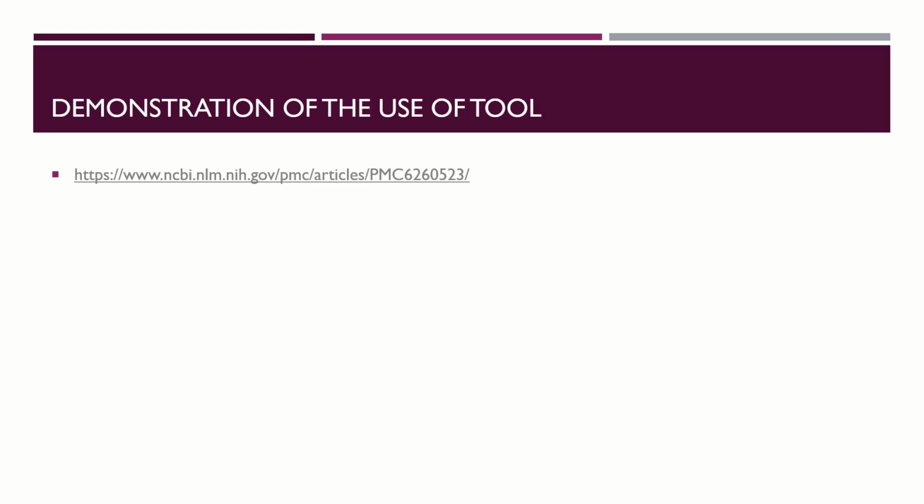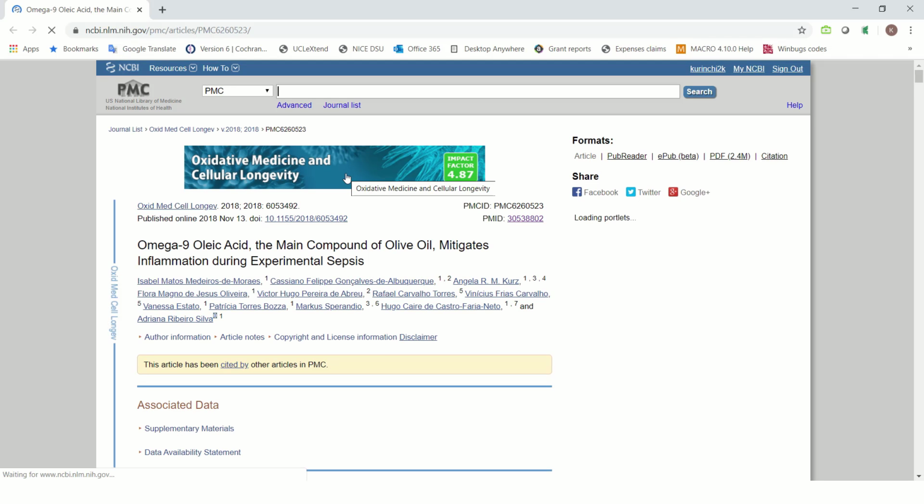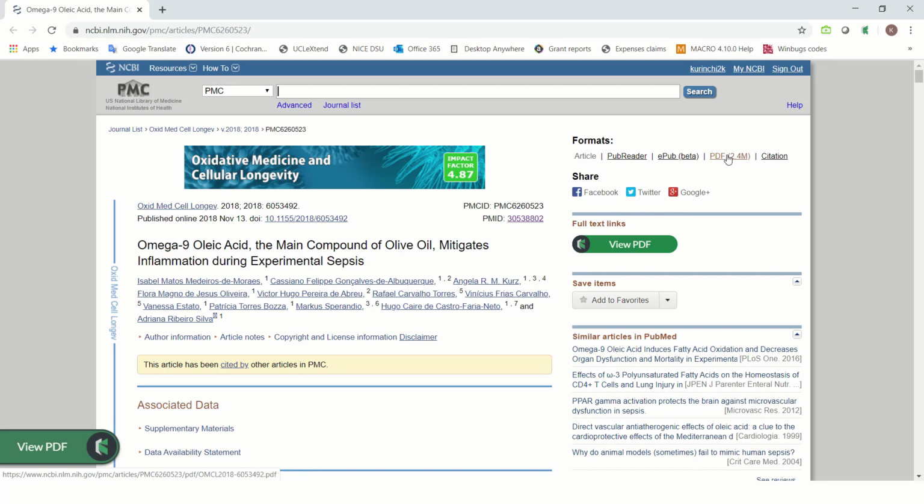Okay, now this is the demonstration of the use of the tool. What I'm going to do now is click here, and that should open up the file. I usually prefer to work with a PDF, and if there is supplementary information, we can always come back.